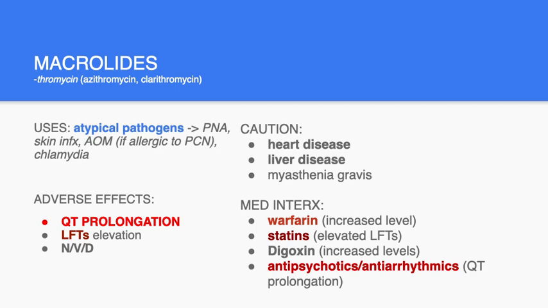But if necessary, then just make sure that you're monitoring the LFTs really closely. Digoxin, macrolides can increase the levels of digoxin, so we want to avoid that. And then antipsychotics and antiarrhythmics, because both of these medications cause QT prolongation, so we want to avoid those, or at least giving them together in a short period of time.